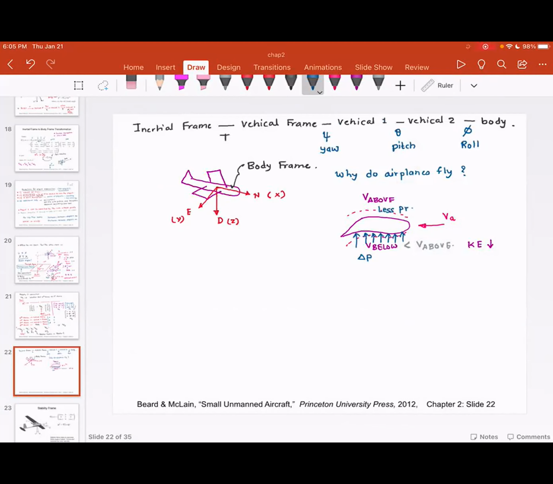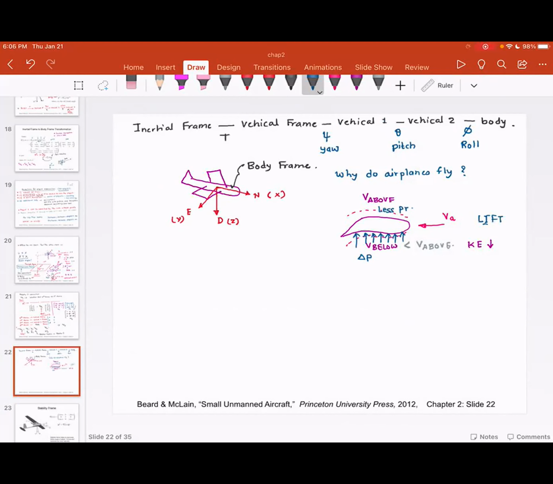That means all in all, because of the incoming velocity, you get something called the lift. And this is very easy to observe: if you place your palm in the airstream, you will experience an upward force.